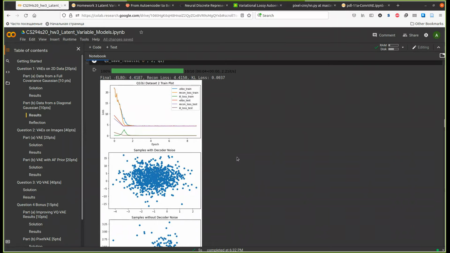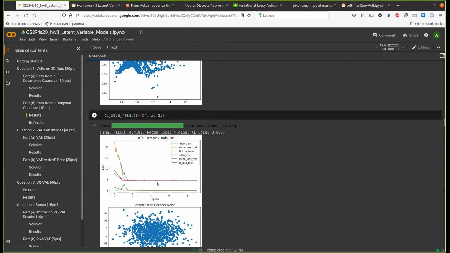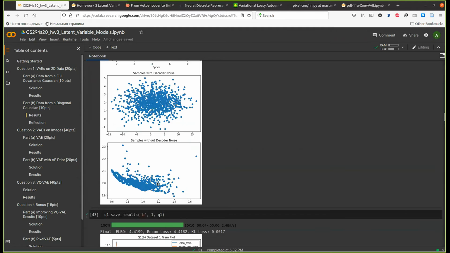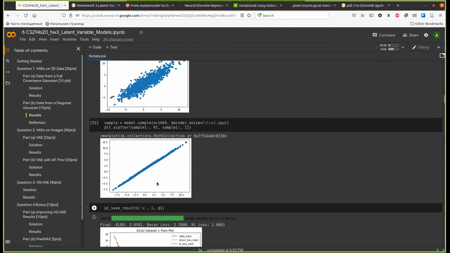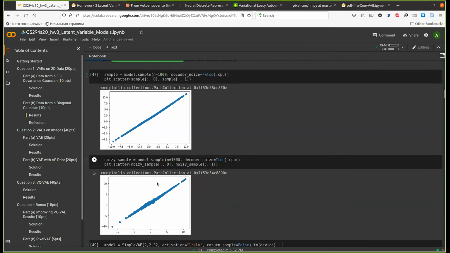Yeah, I think the main factor is that our hidden variable cannot provide much useful information about the output. So look, our loss here, let me try to find it.